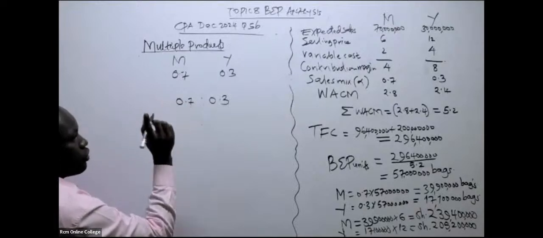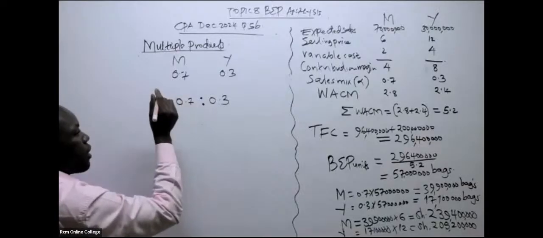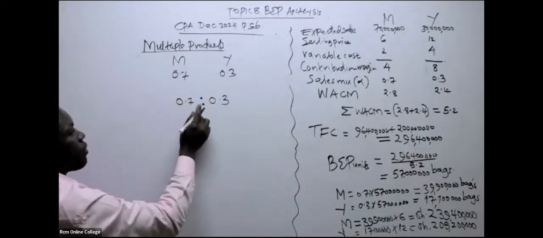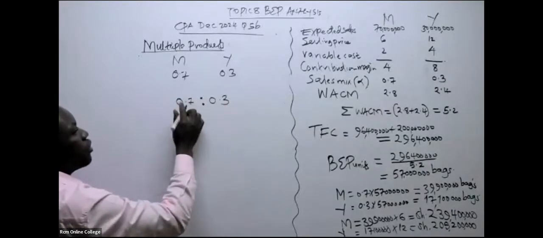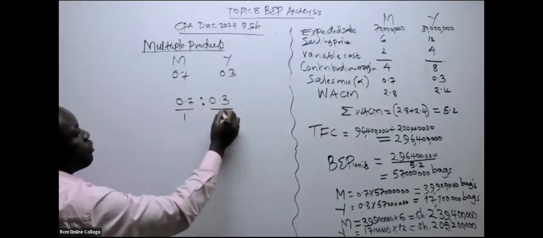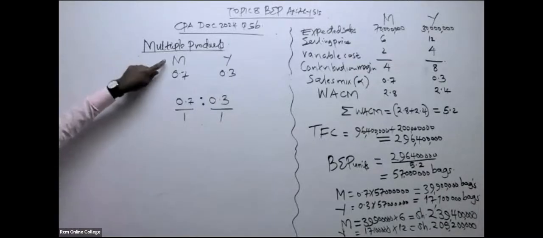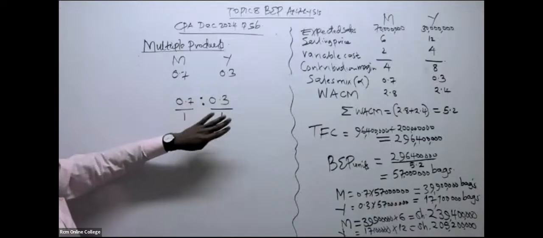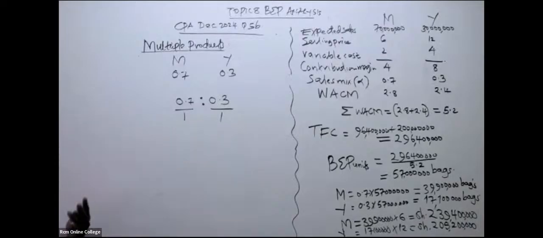For me to convert this to a fraction, add the 2. When you add the 2, it will be over 1. So it means this will be 0.7 over 1, 0.3 over 1. That's how we deal with it. Or 7 over 10, 3 over 10.